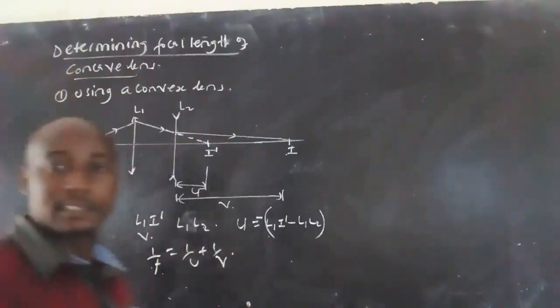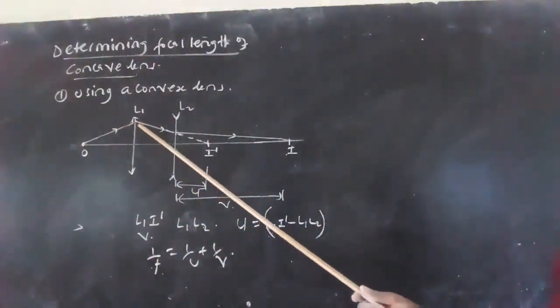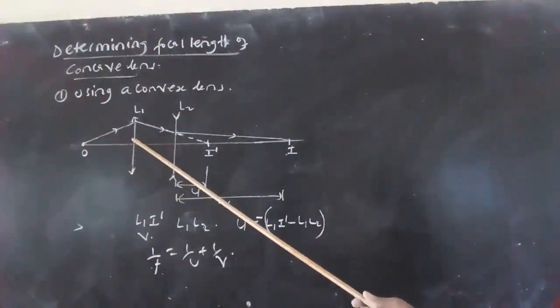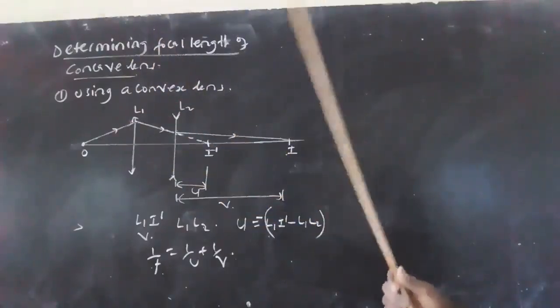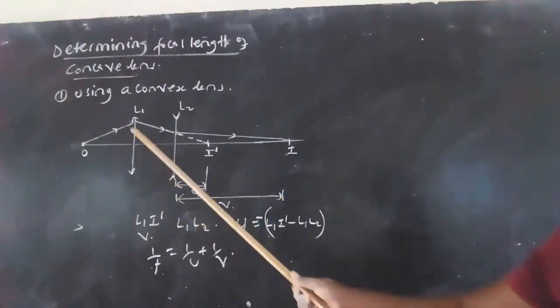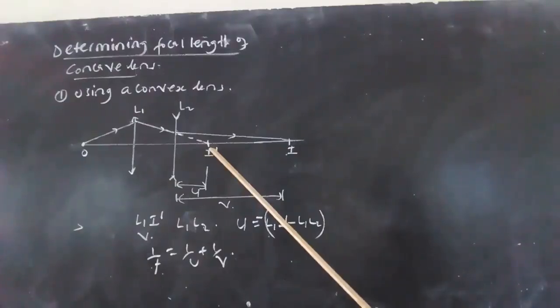So here in this case, what is the action of this? An illuminated object O is placed in front of a converging lens. The screen is moved to and fro until a real image is formed on it at I prime. The distance L1 I prime, from the lens to the screen, is measured and recorded.